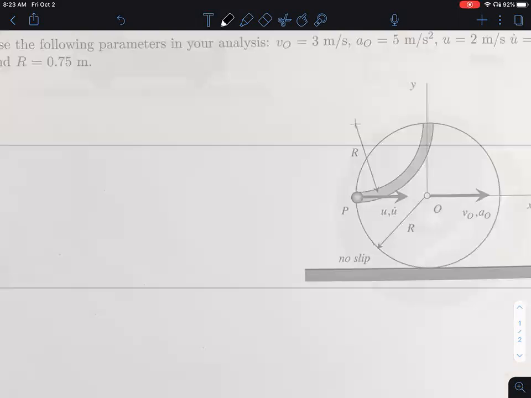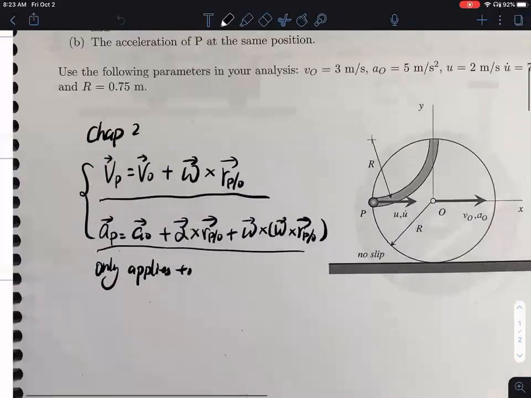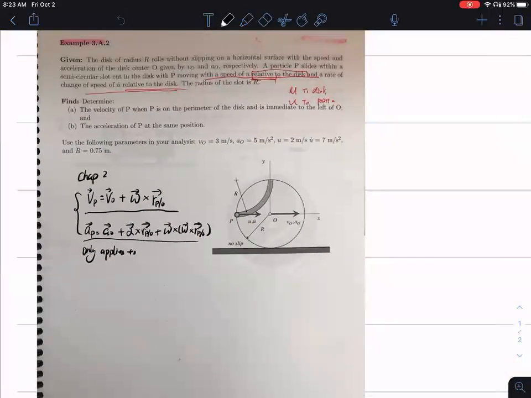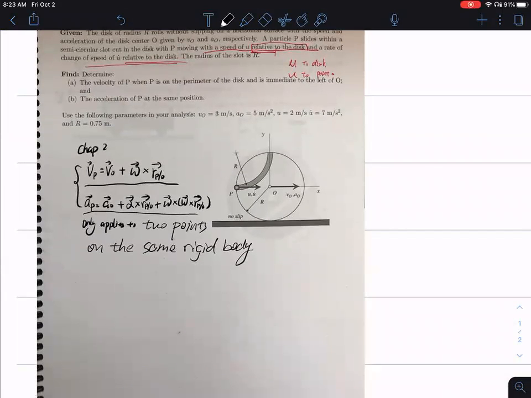It won't allow me to write. It applies to 2 points on the same rigid body. So that's why those equations cannot be used for this problem.